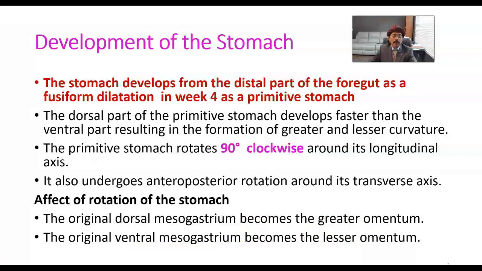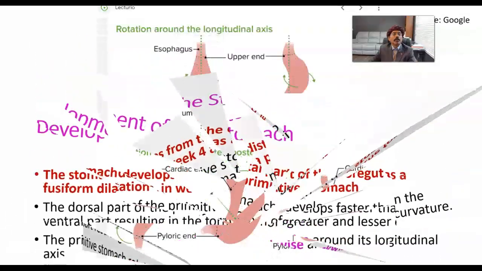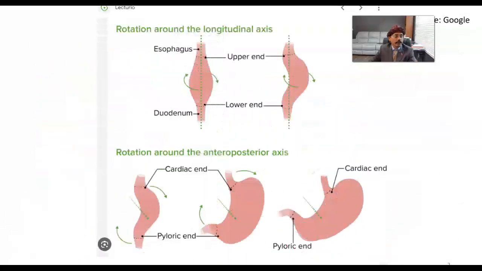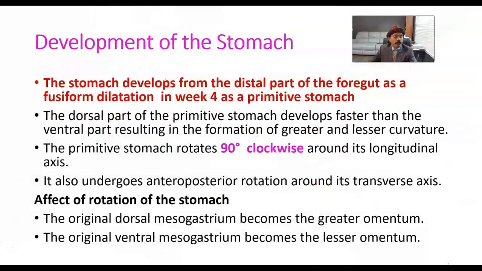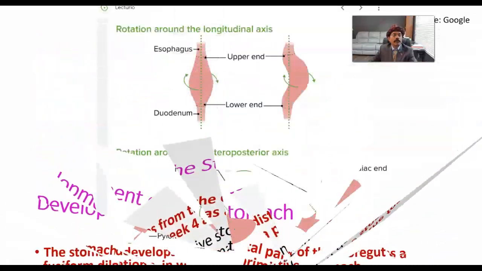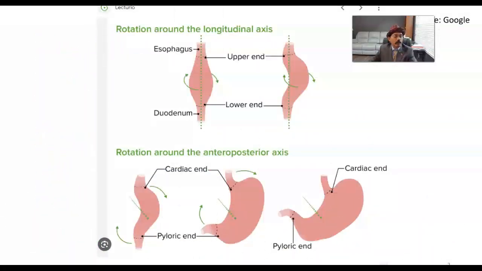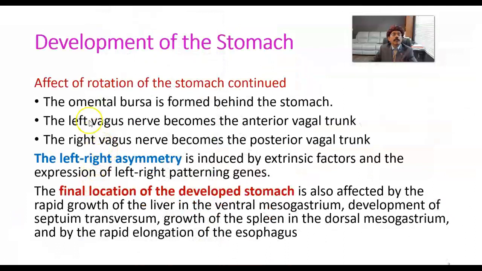We have other effects of rotation of the stomach. The omental bursa is formed behind the stomach.